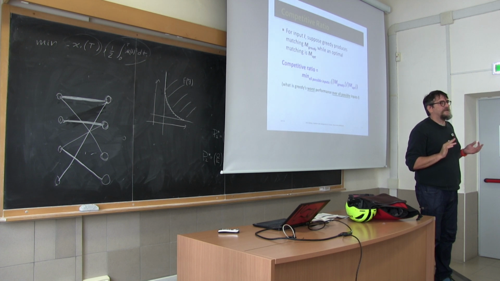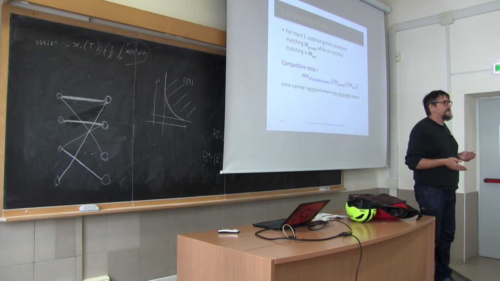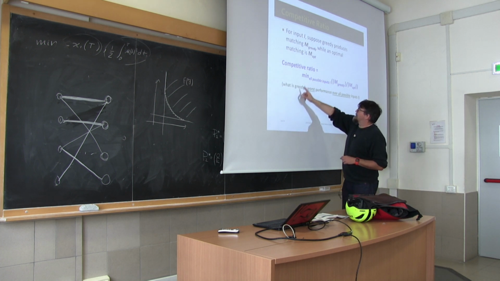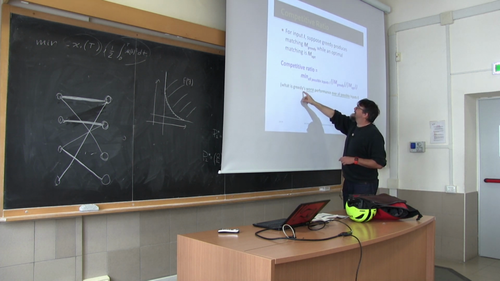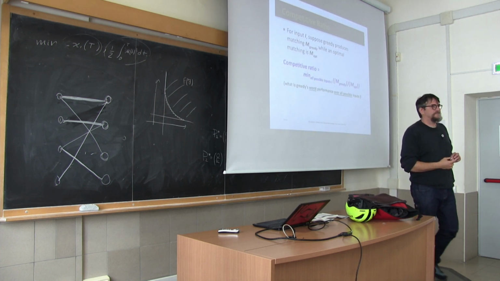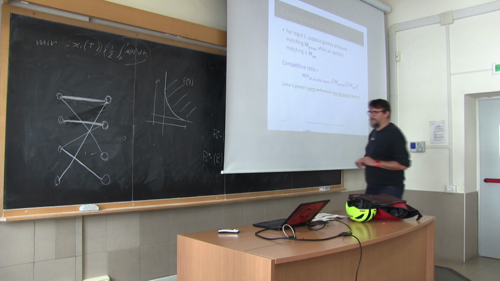To some extent we are saying, if somebody knows everything, the optimum can do this at best, and the competitive ratio tells us the performance of my algorithm with respect to this optimal guy. Since here we have the minimum, what is the greedy's worst performance over all possible inputs? This is a lower bound. Those are the worst performances.